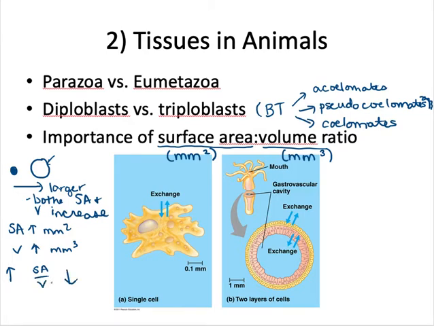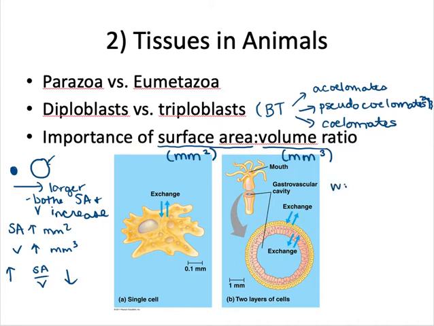And that's because the volume is going to increase more than the surface area. So as life evolved, surface area to volume ratio goes down, and as animals are multicellular and more complex, they need ways to maximize this surface area, to limit the decrease in that surface area to volume ratio.